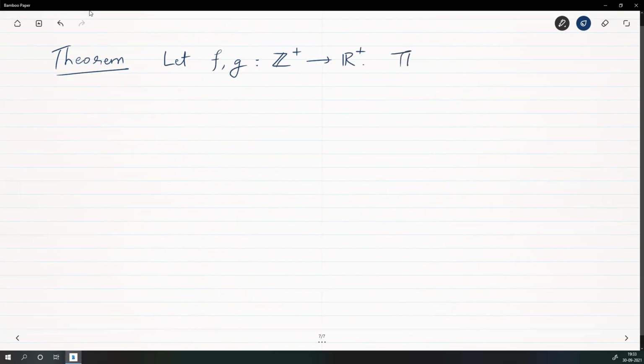Then, let me write it in the notation that we have started using. f of n is big O g of n if and only if, I hope everybody is familiar with this if and only if notation, g of n is big omega f of n.